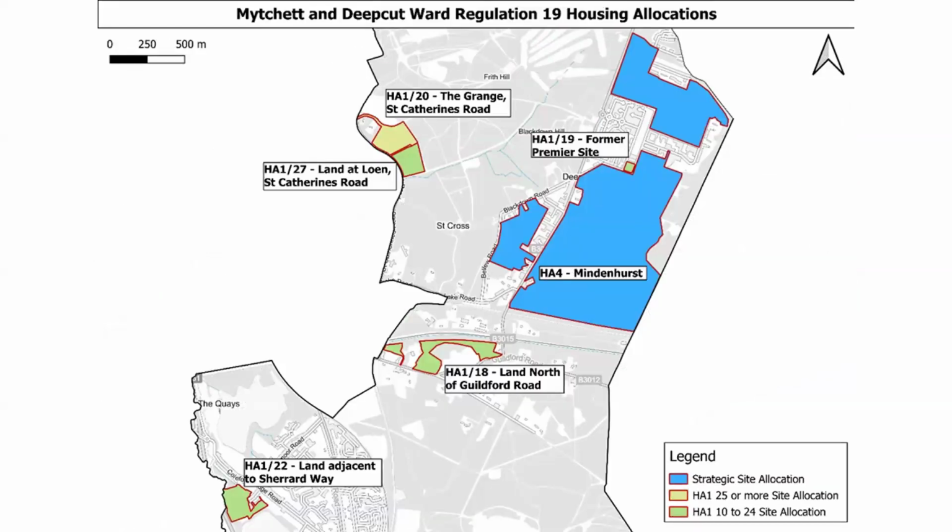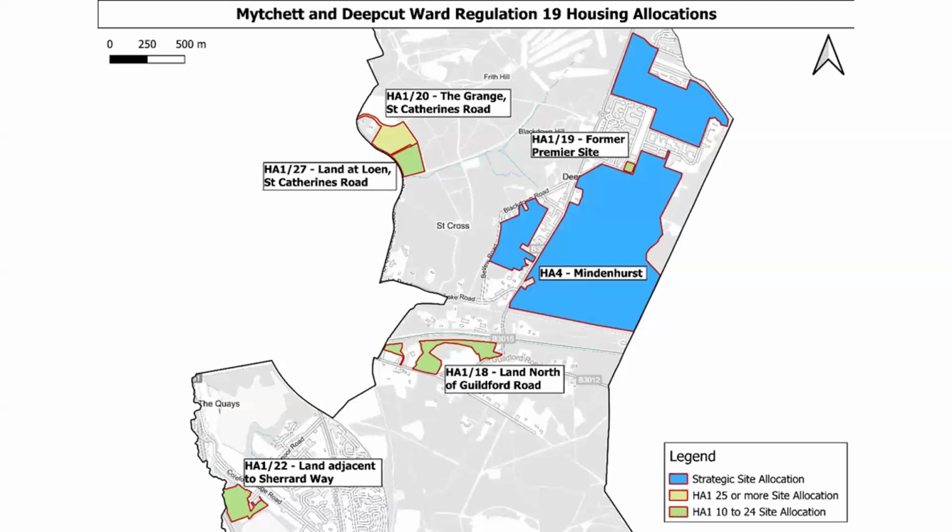In terms of Mytchett and Deepcut ward, there is a strategic allocation for Mindenhurst, and this is under policy HA4 in the plan for 1,200 new homes. Approximately a quarter of this is now complete. There is also an allocation at land at Lowen, St Catherine's Road, for 60 extra care units.